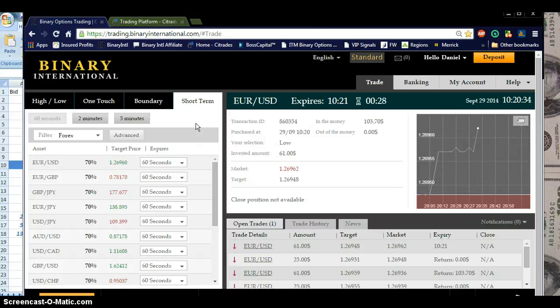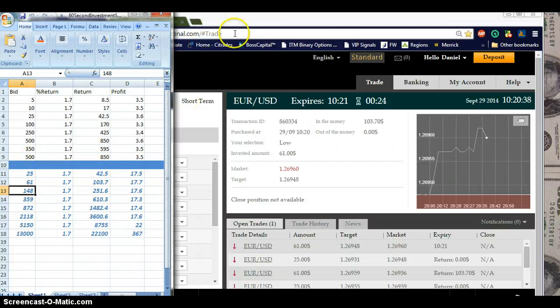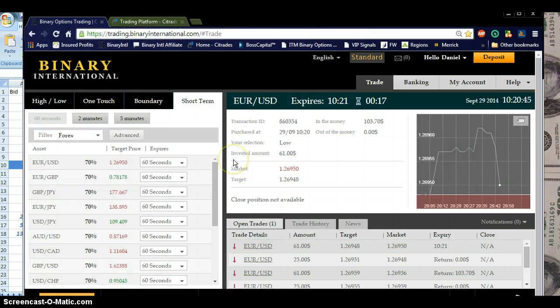As long as you're entering the right trade amount, you're good to go. So this one's at 61. If I have to do another recovery, it's going to be 148. I just say that to remind myself. We're down to 16, 15, 14. I'm going to go ahead and prepare for a 148.